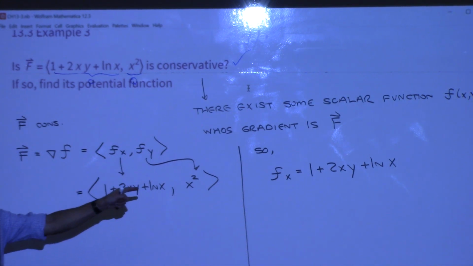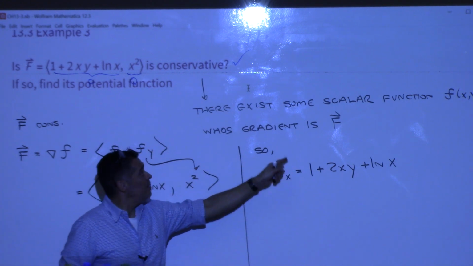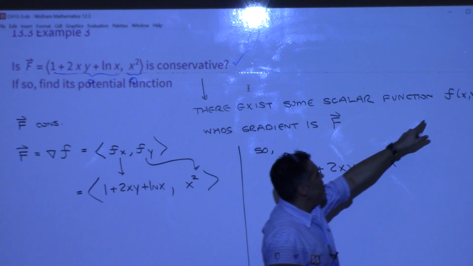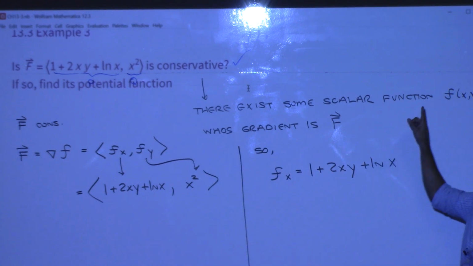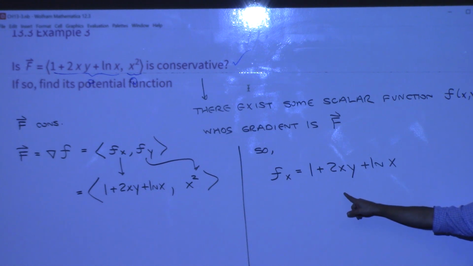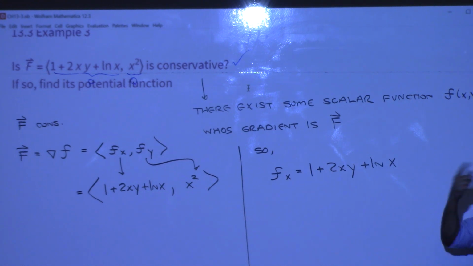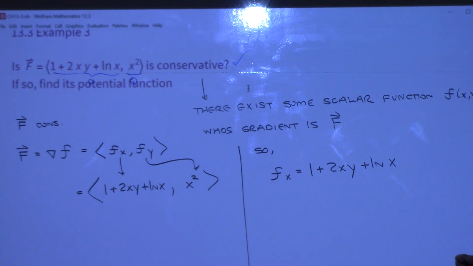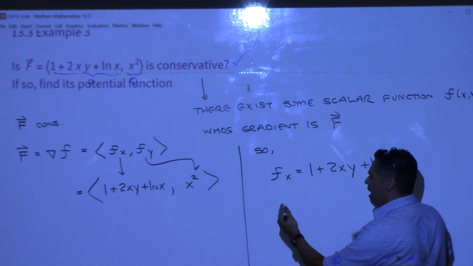So this is what I got when I took the derivative of f, right? This f. I know that when I take whatever this is, when I took its partial with respect to x, I got this. Let's reverse the process. How would you undo that? Integrate, right? So I'm going to do the integral on both sides.